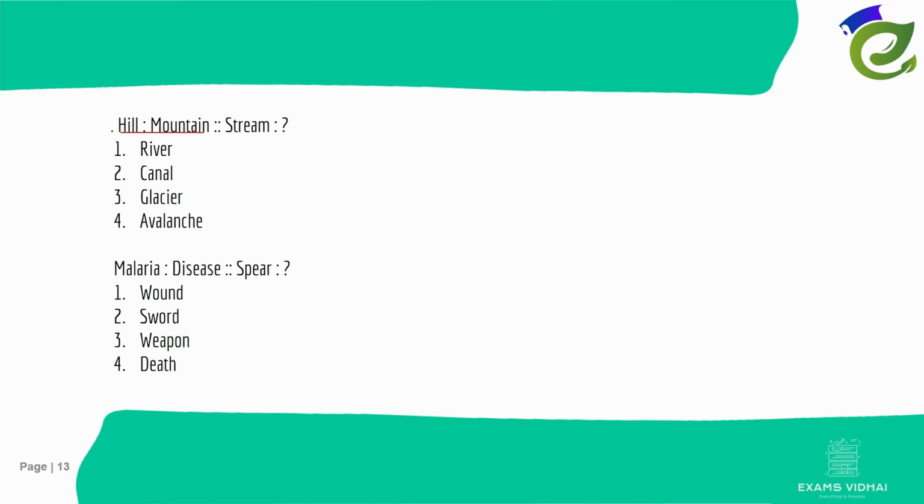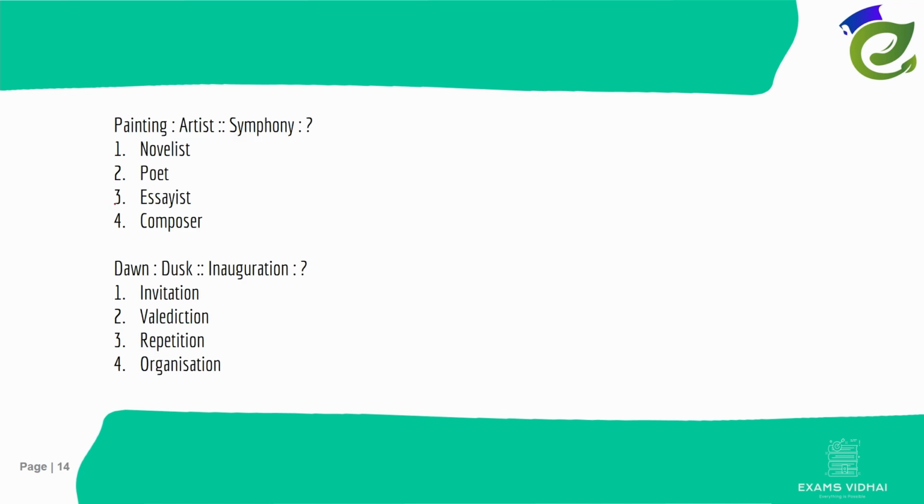They mean similar things. So stream and river mean the same thing. Malaria is a disease, so spear is a weapon. Painting, artist, symphony. A painting is done by an artist, so a composer uses a symphony to produce music.